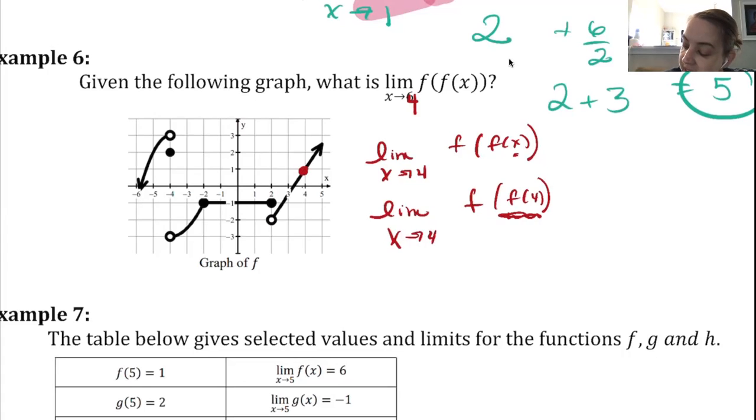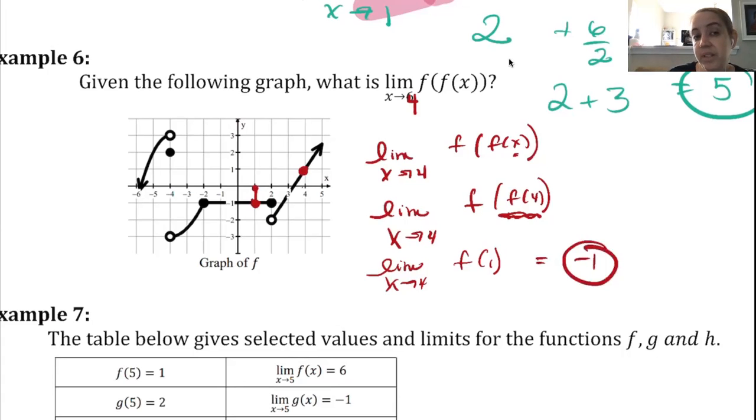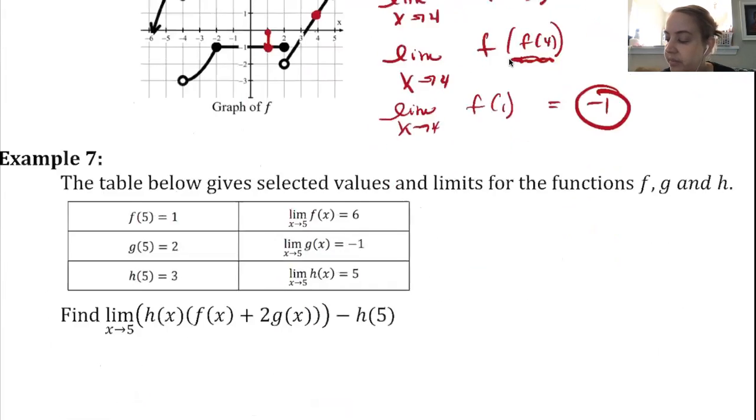So this inside gets replaced with a 1. Now this becomes f of 1. So when I look at the graph this time, over here is 1, down to the curve where it connects, the result is -1. So you can get those values from a table that's given to you. You can get them from a graph.